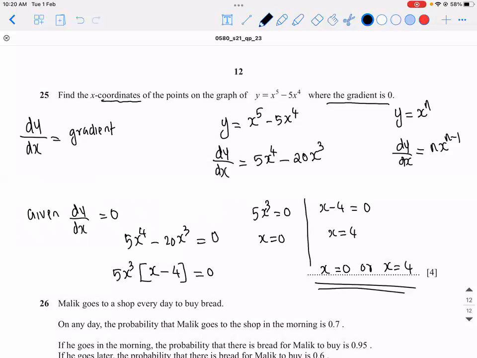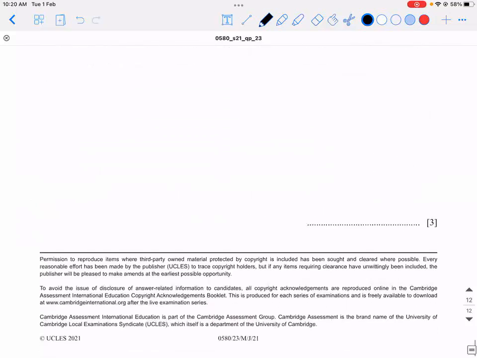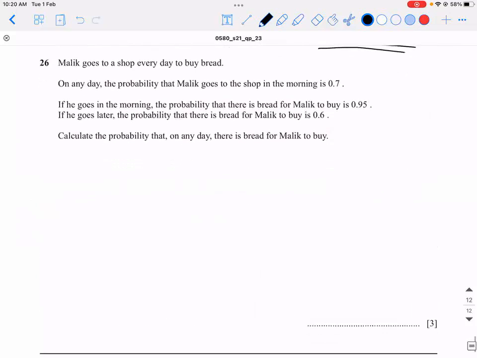It's simple, right? Okay, move to the last question in this question paper. Malik goes to a shop every day to buy bread. On any day, the probability that Malik goes to the shop in the morning is 0.7.